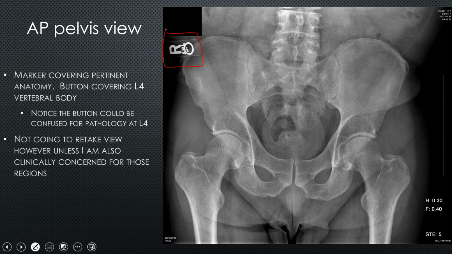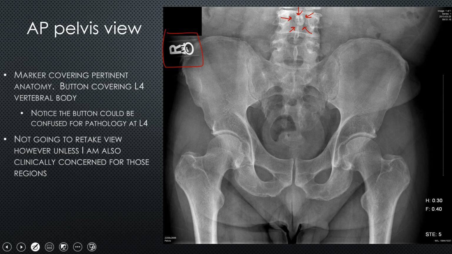I don't know if something is going on at that portion of the iliac crest because the marker is in the way. We also see a button overlying our L4 vertebral body. The button can be confused for a pathology. Somebody might think that's a lesion, maybe a metastatic lesion.